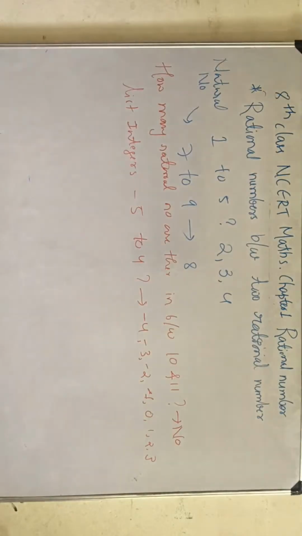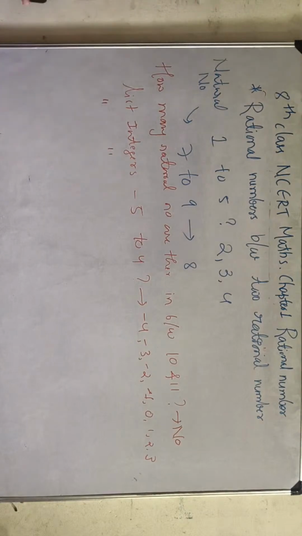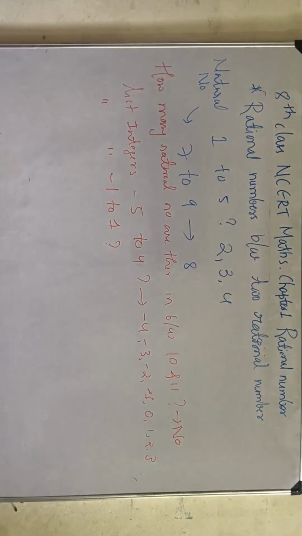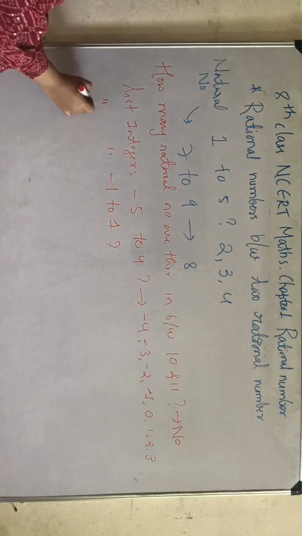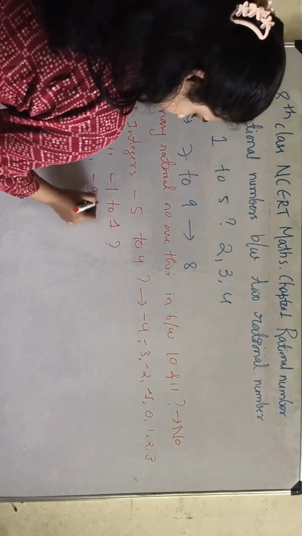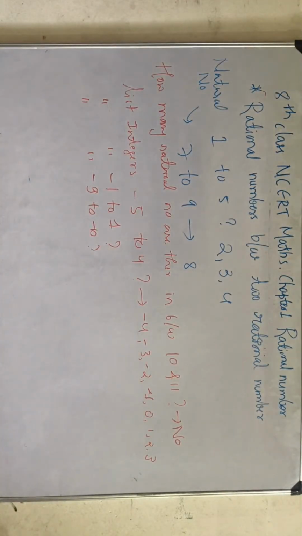Then how many integers are there? Then again if I ask, how many integers are there between minus 1 and 1? Do you have any answer for this? And similarly if I ask you, how many integers are there between minus 10 and minus 9? Do you have any answer for these two questions?